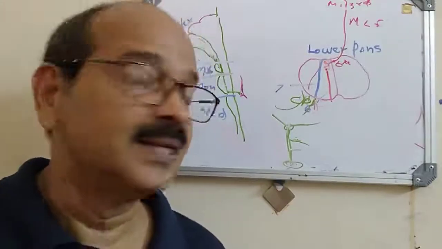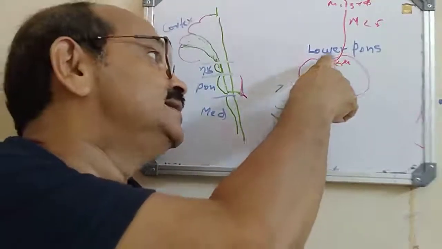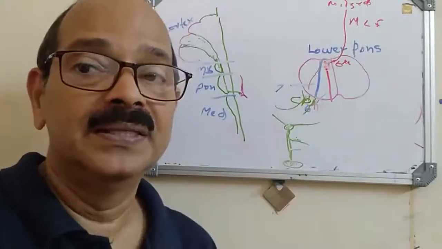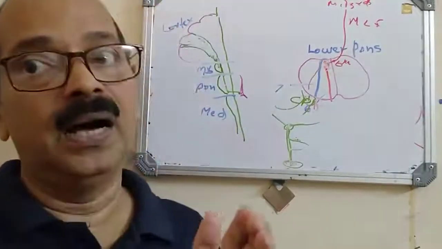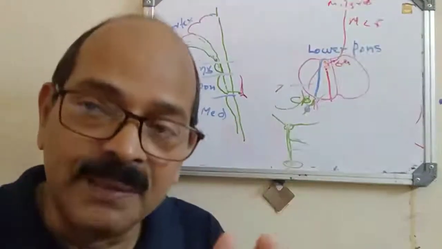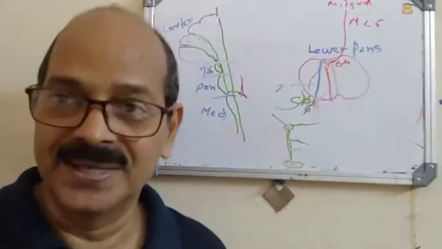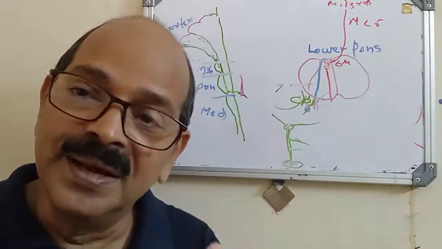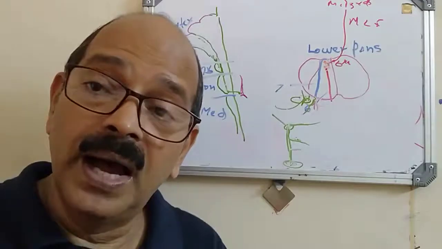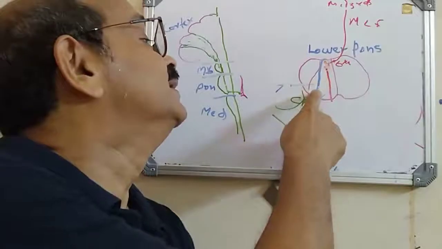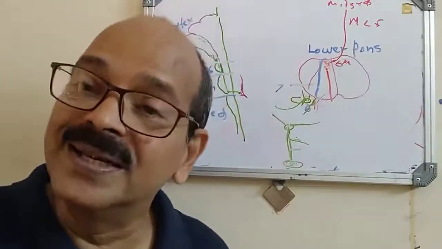The lesion is either inside the parenchyma of the lower pons, or it can be outside after going out. So I'll divide that LMN into two major components. The first part is to answer: is it intraparenchymal? And if so, where? Is it here, here, here, up to that? How will you answer that?